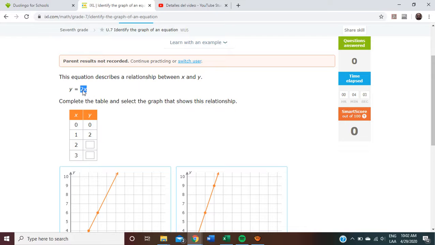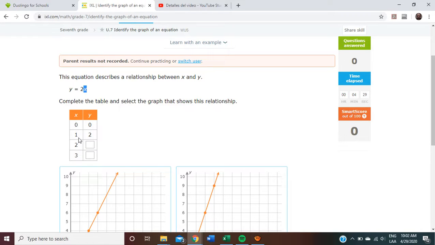So when we have something like this, it's actually 2 times x. So when the value of x is 0, the value of y is 0. Why? Because if x is 0, 0 times 2 equals 0.